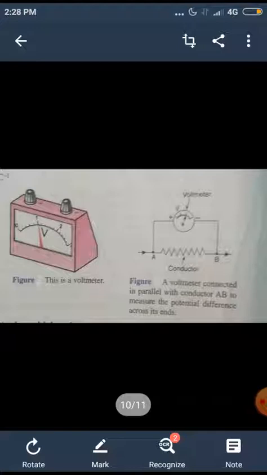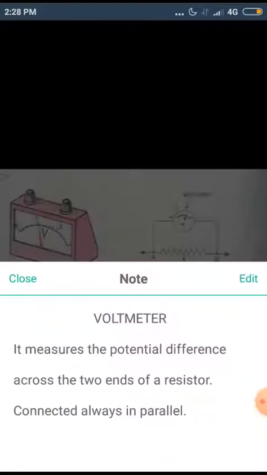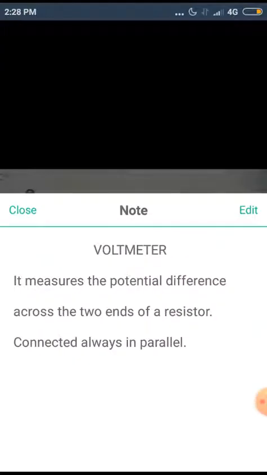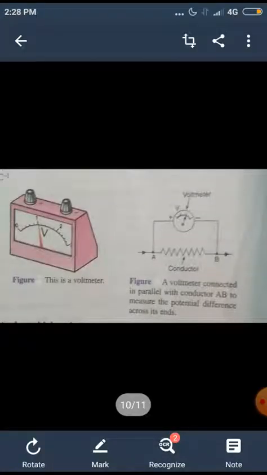That is, the positive of the voltmeter will be connected to the positive of the cell and the negative of the voltmeter will be connected to the negative of the cell. It measures the potential difference and is connected in parallel. The symbol for the voltmeter will be a small circle with the letter V in it.